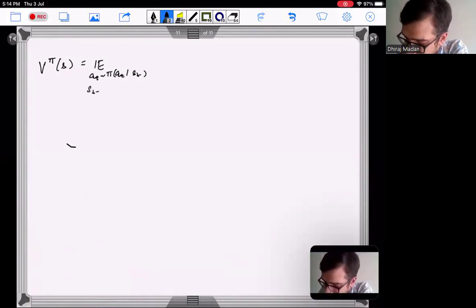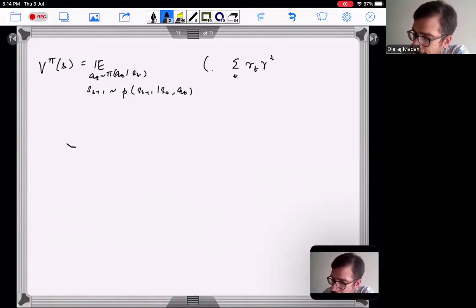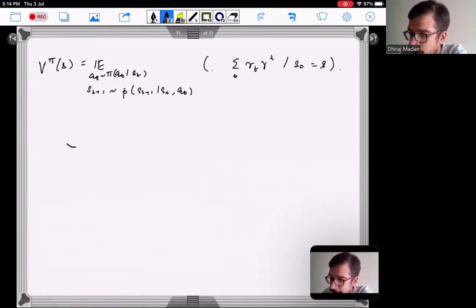And ST plus 1 is sampled from P of ST plus 1 given ST, also at every time step. Inside this expectation, I have the sum over T of RT gamma to the power T, with the condition that S0 is S.